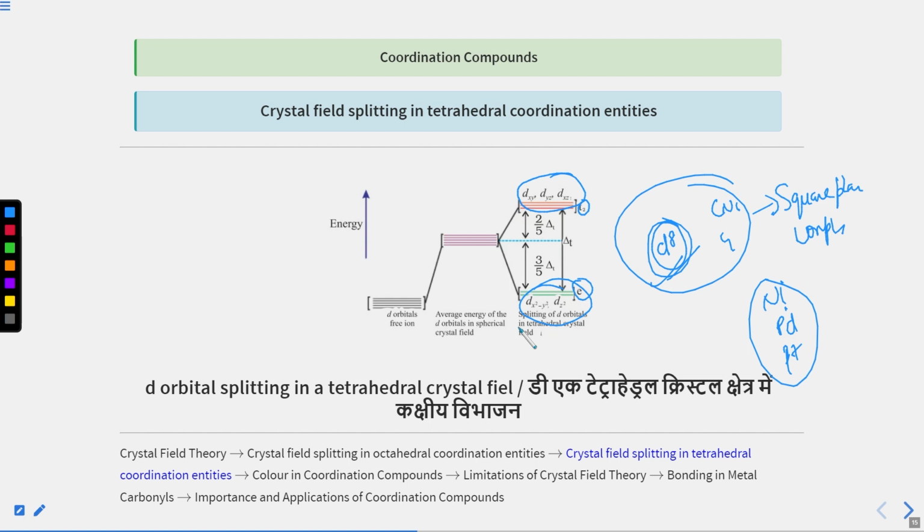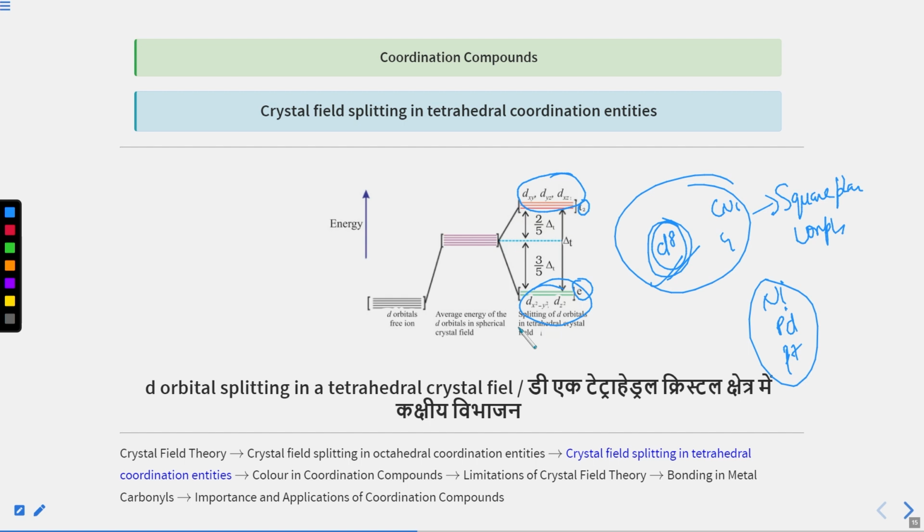So you can say very confidently that the ligands were approaching between the axes, and due to that, the repulsion between the metal ion d orbital electrons and the electrons of the approaching ligand has increased, and we can see that the lobes which are between the axes have increased energy.